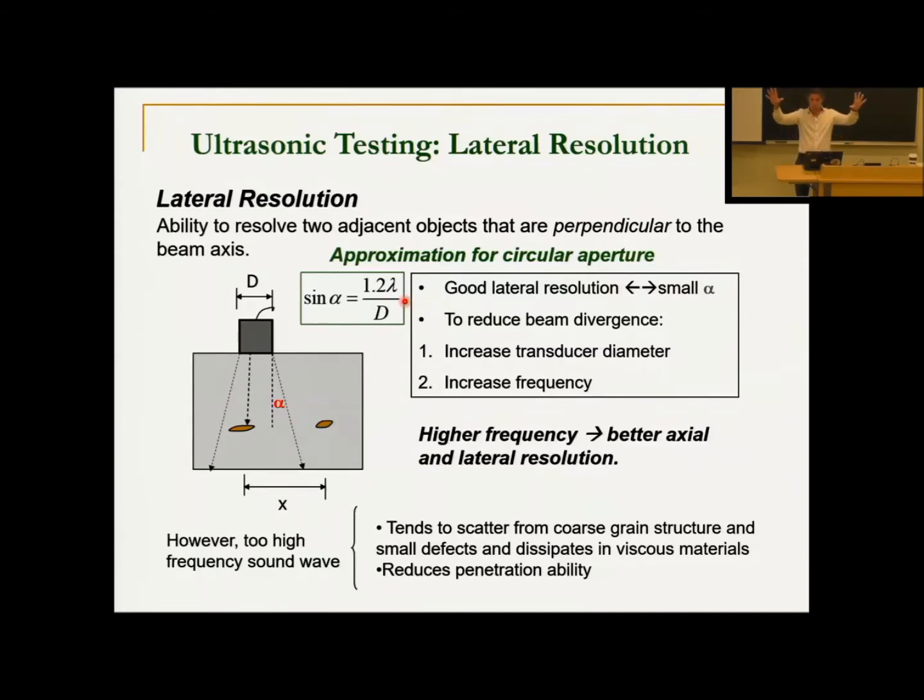Rather, it just disperses and disappears from viscous losses and scattering, right? So we have to find this balance. We want to go as high a frequency as possible to get the resolution we need, but not so high that we lose our ability to penetrate the material with this ballistic pulse.